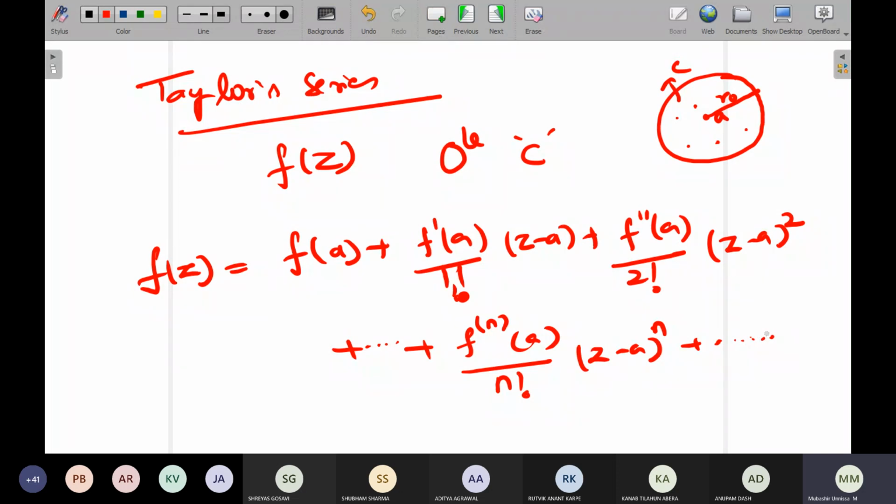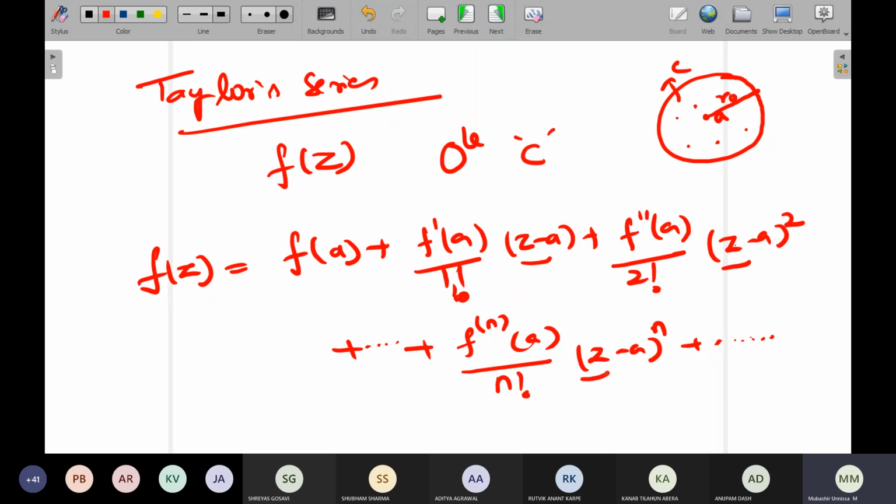So the Taylor series is f(a) plus f'(a) by 1 factorial into (z minus a), f''(a) by 2 factorial into (z minus a) whole square, and so on. It is again a representation of a power series. Yes or no? You have powers: (z minus a) whole square, (z minus a) whole power n.